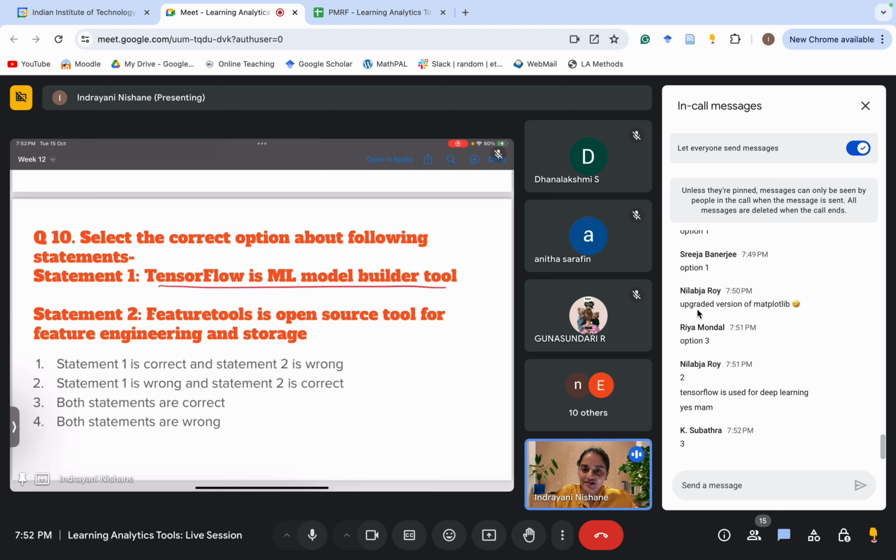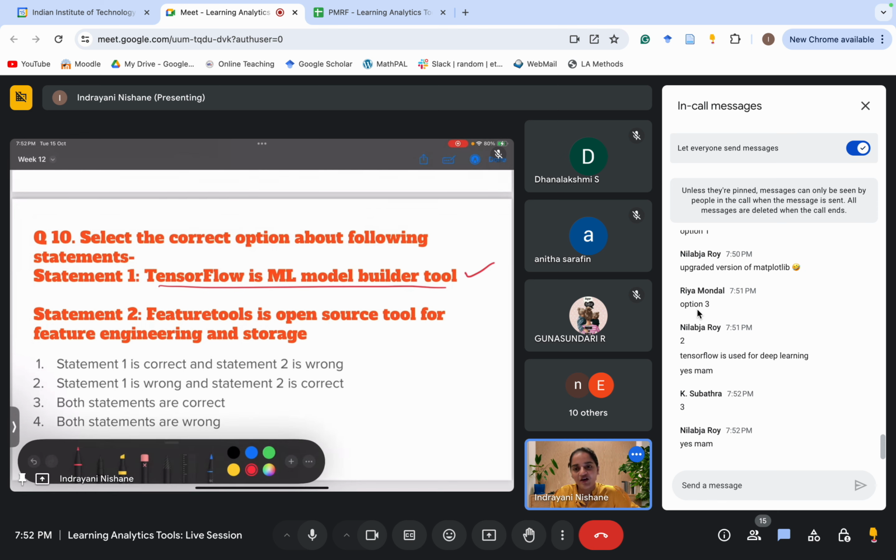So in a way, you can say that TensorFlow is a machine learning model builder. Statement 1 is correct, and of course statement 2 is correct. Featuretools is a tool for feature engineering and storage. So the correct option for this question would be both are correct.